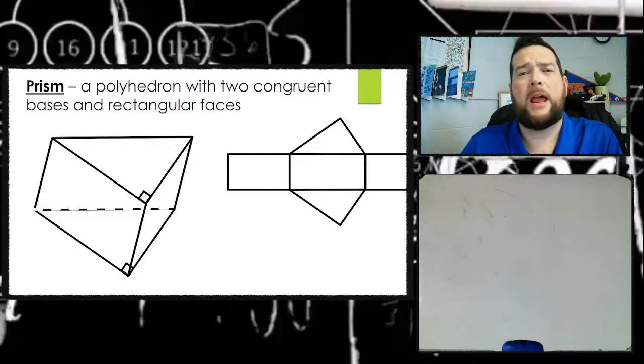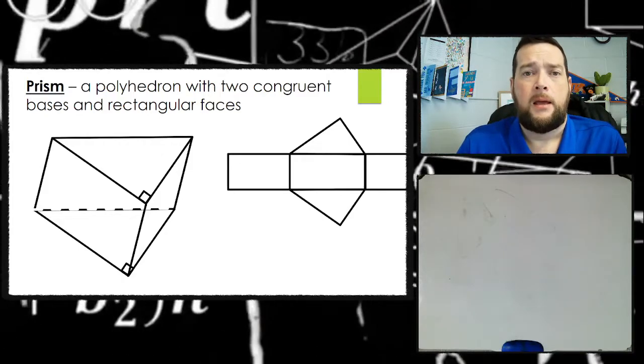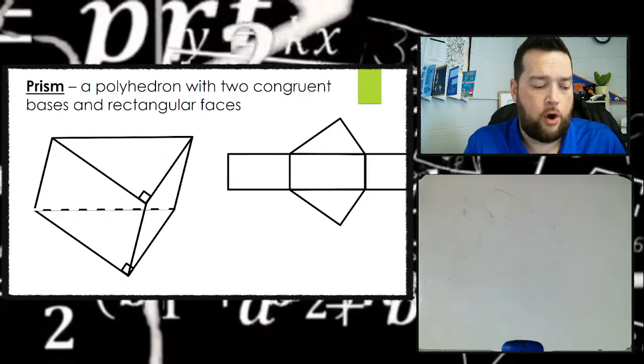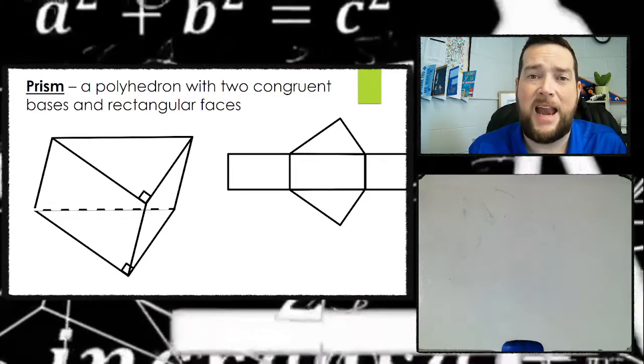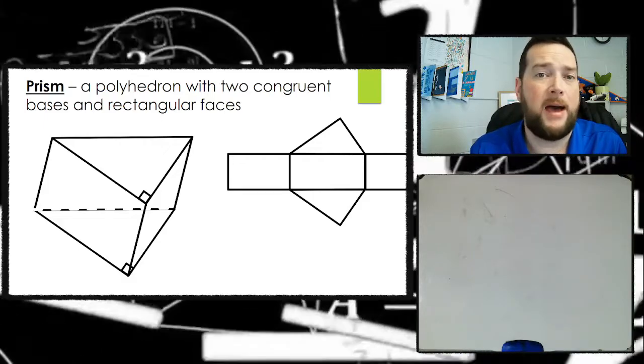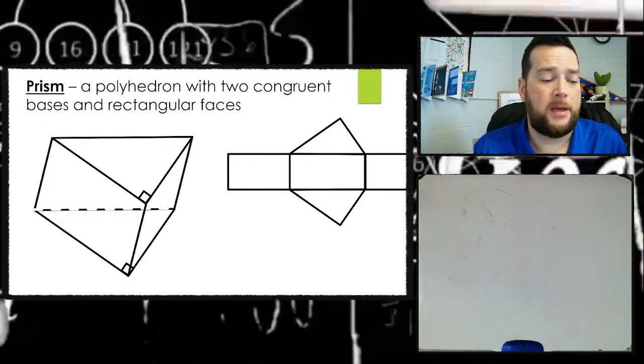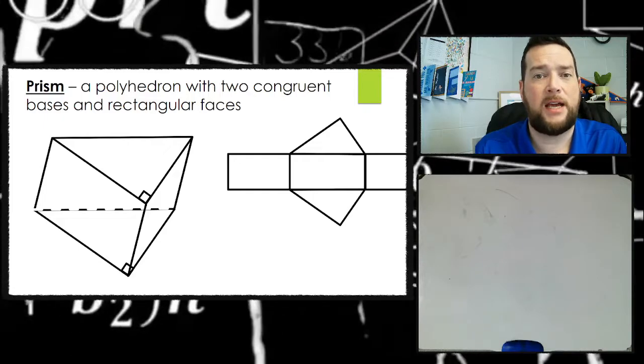Now then, on a prism, because all the faces are rectangles, if you ever have a shape on a prism that is not a rectangle, it's automatically the base. Because by nature, prisms have to have rectangular faces.